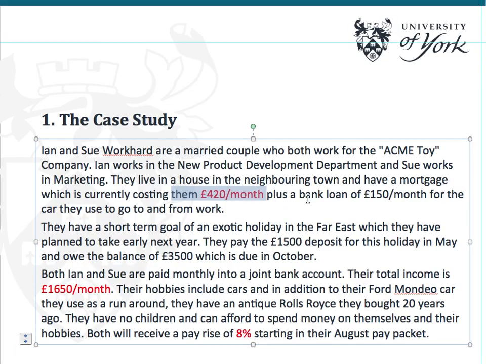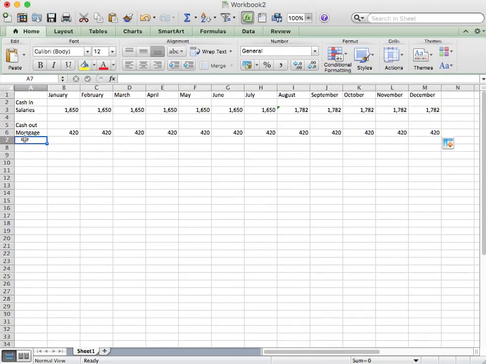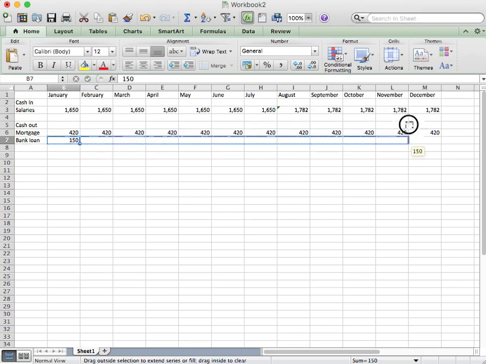Back to the case, and the next one is a bank loan of £150 per month. Okay, so we pick up £150 per month. Oh dear, I'm typing problems here. Bank loan, £150 per month. Copy that across.